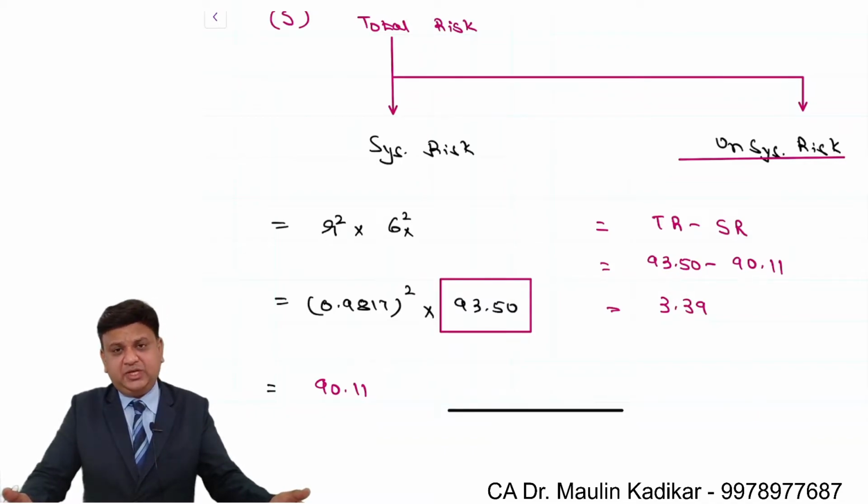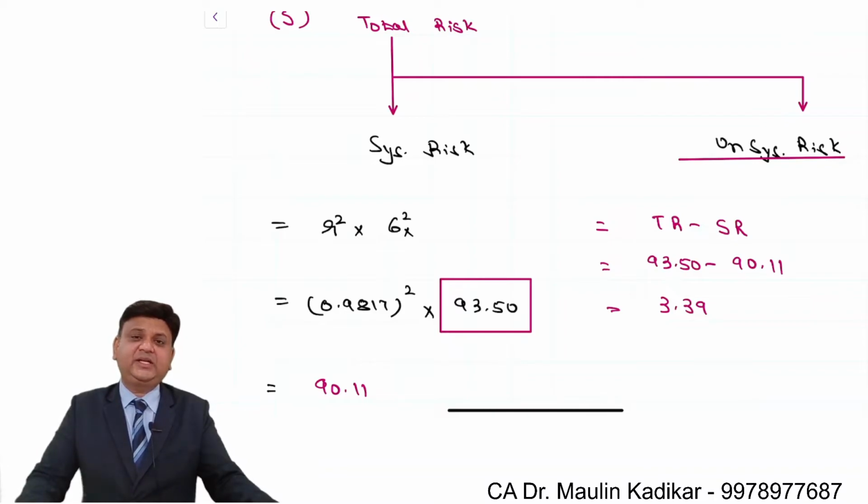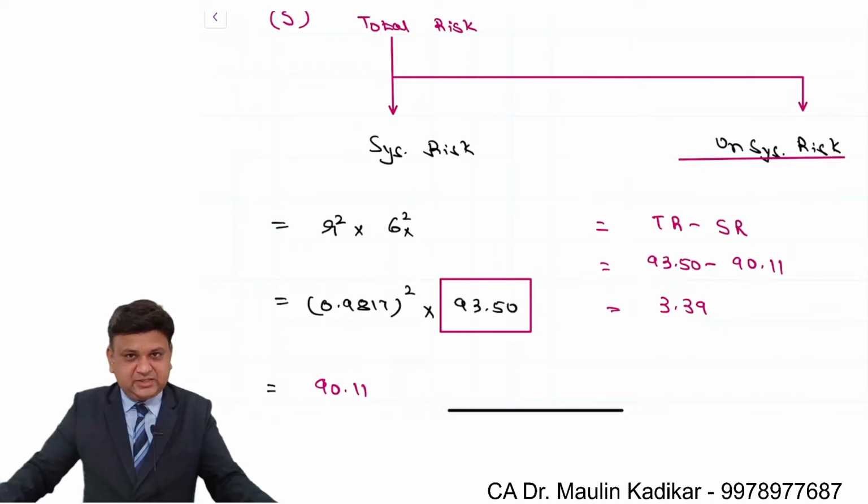Needless to say, this bifurcation has the unit percentage square, because standard deviation is calculated in percentage terms, and variance is calculated in percentage square terms. So the systematic risk and unsystematic risk that we have found are in percentage square terms. Please write an answer.